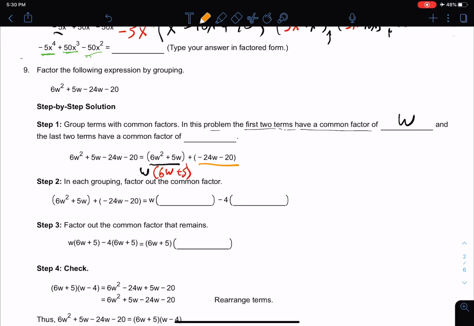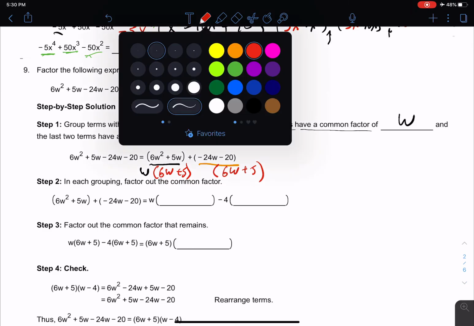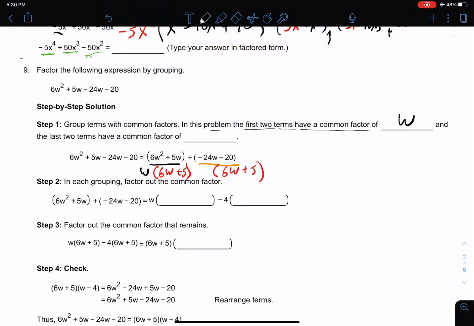Well, it could be negative 4, but in this problem, remember how we wanted this to be the same, 6w plus 5. We kind of had to figure out what factors out to make that happen. And remember, we did that on the problem I just did. It happened to be a negative 4. So negative 4 times 6w is negative 24w, and negative 4 times 5 is negative 20. So this second one would be negative 4.